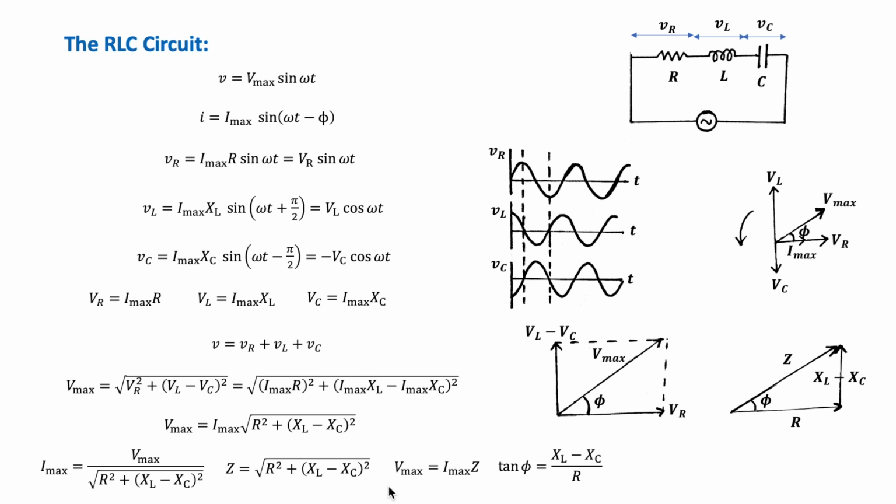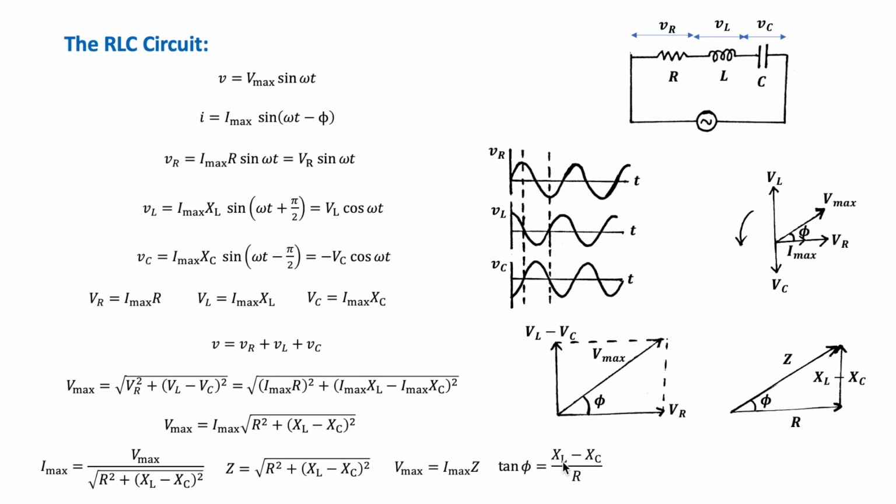This equation is the generalized Ohm's law for an AC circuit, and it shows that the current in the circuit depends on the resistance, the inductance, the capacitance, and also on the frequency, because these reactances depend on frequency. Also, from this figure you can see that tan φ = (X_L − X_C)/R.